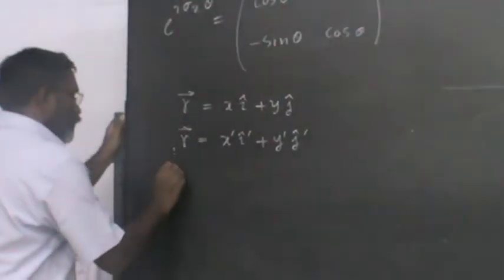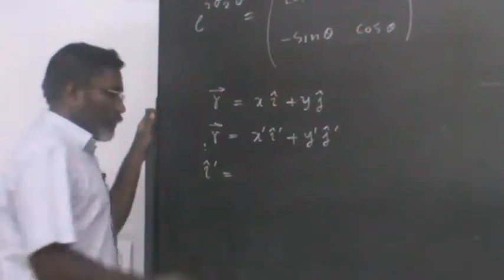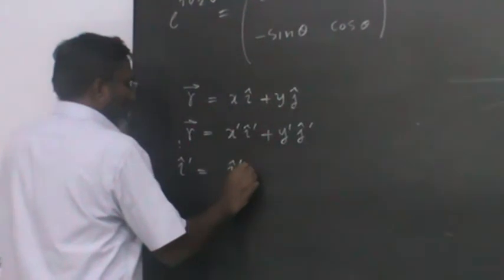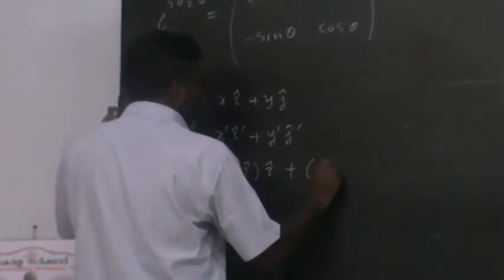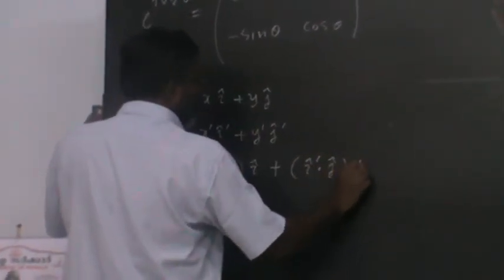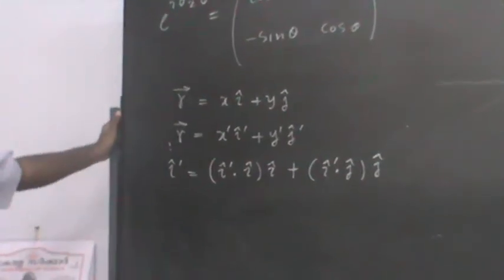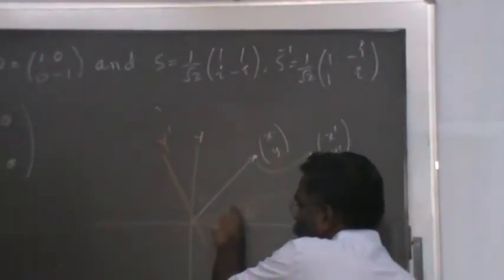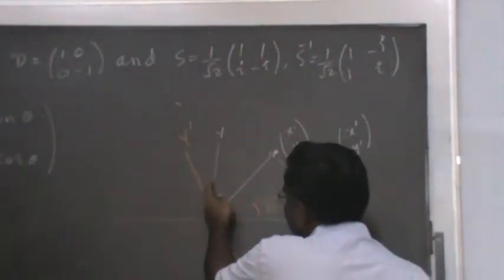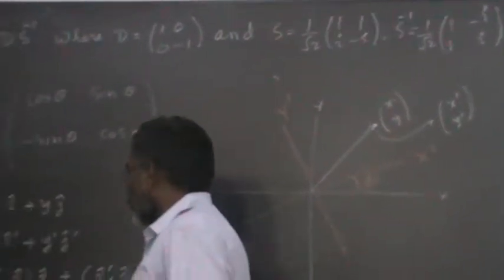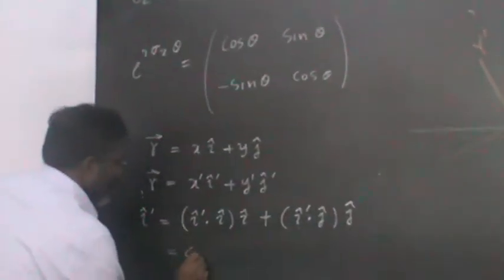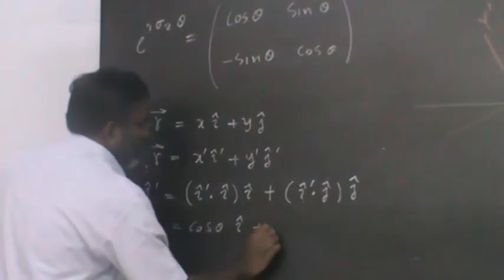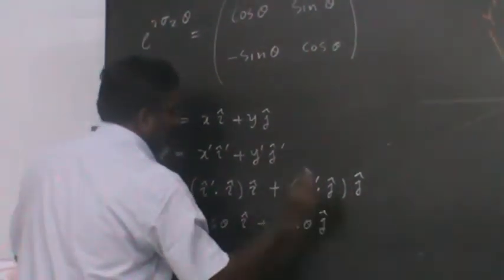So i prime can be written as i prime dot i into i plus i prime dot j into j. So i prime dot i is cos theta and i prime dot j is sin theta. Correct? Because this is theta, this is 90 minus theta. So this will be equal to cos theta times i plus sin theta times j.